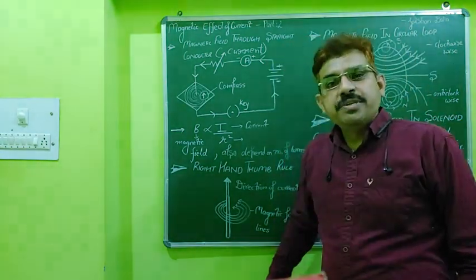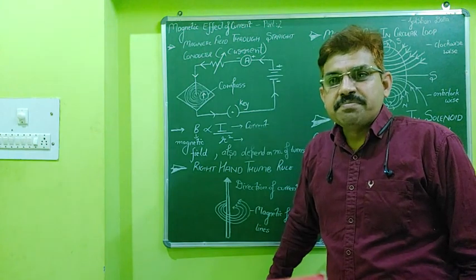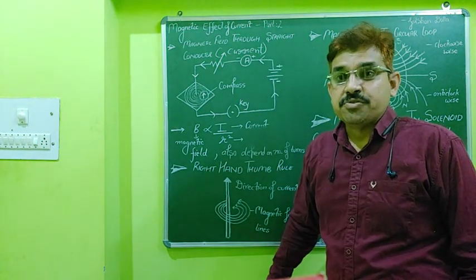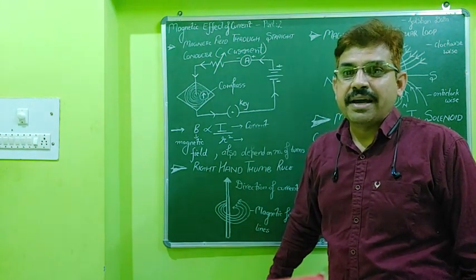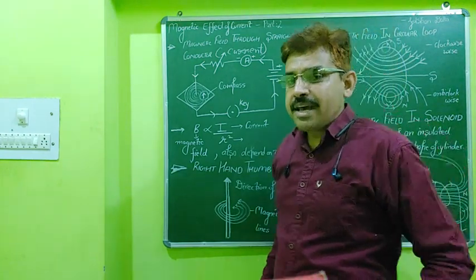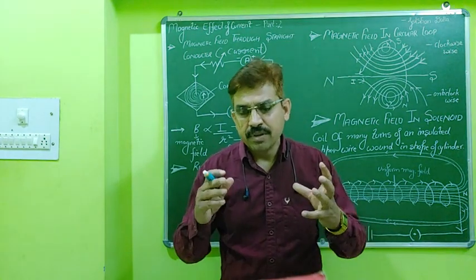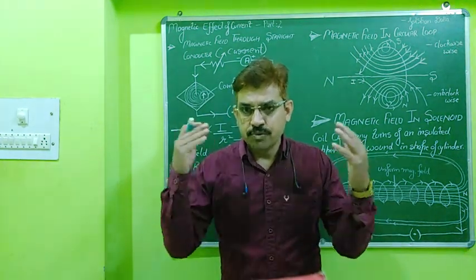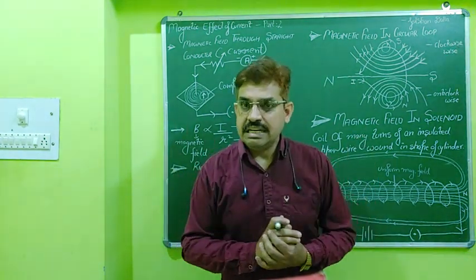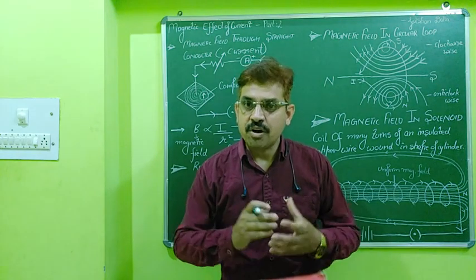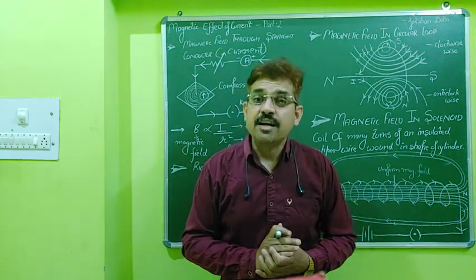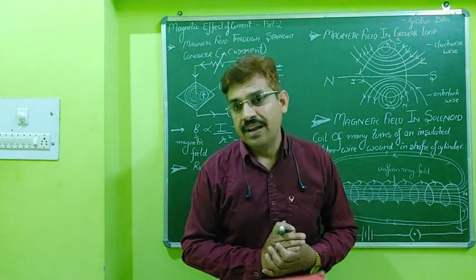It is only because something is there around that straight conductor. So what is that? That is only the magnetic field. Because we experience something around that straight conductor only if current is there, so what is there in this surrounding? It is the magnetic field. Because of that magnetic field, that compass needle will show the deflection.